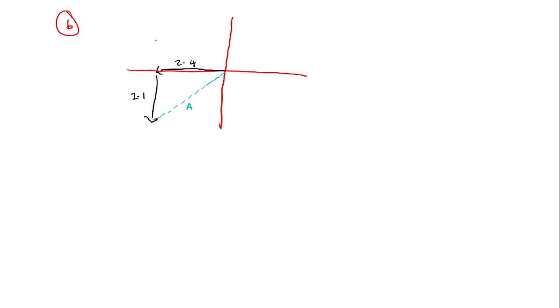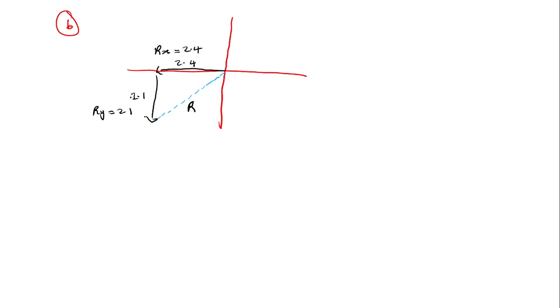Let me use R, which everyone is used to, since they haven't specified. So this is R. So this means that the Rx is 2.4 and the Ry is 2.1. So from there now you are able to know the direction and also the magnitude.